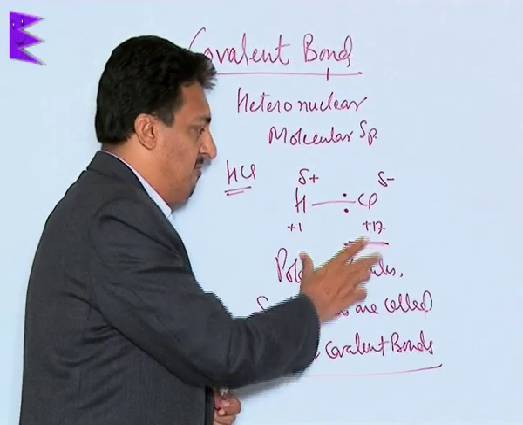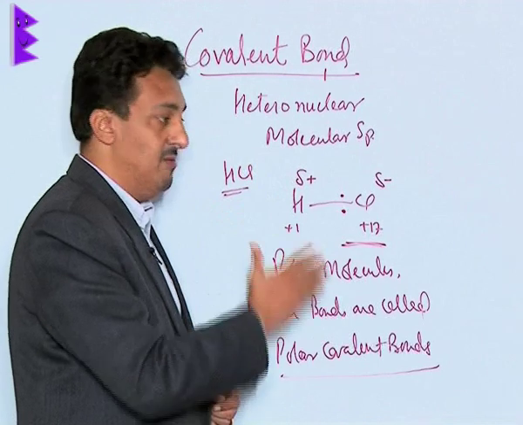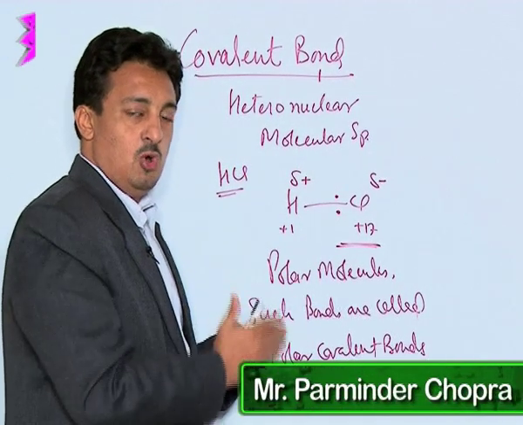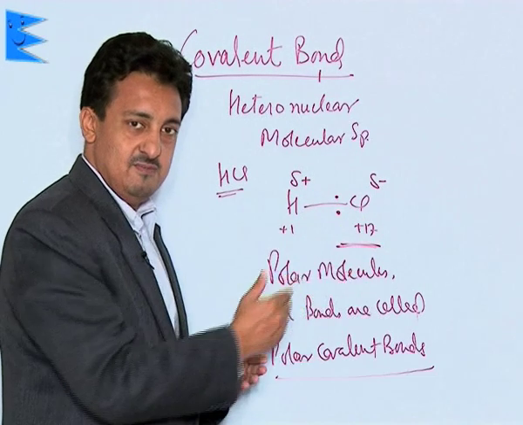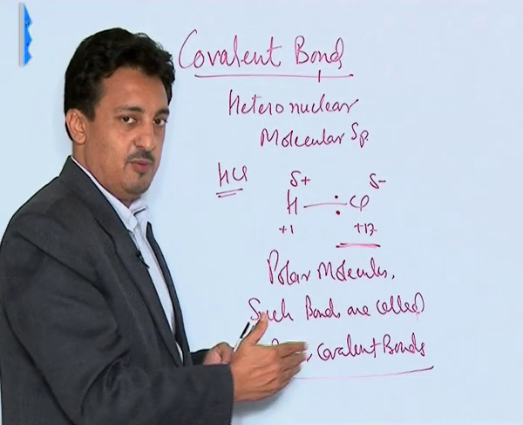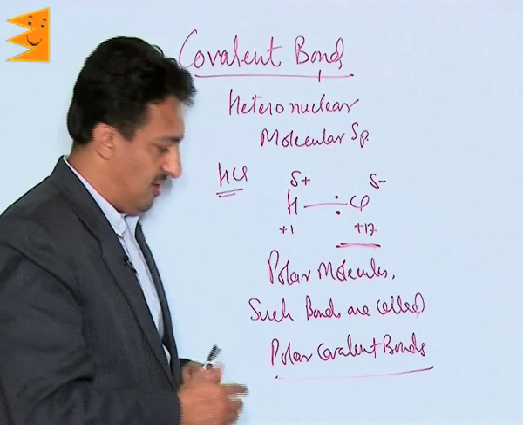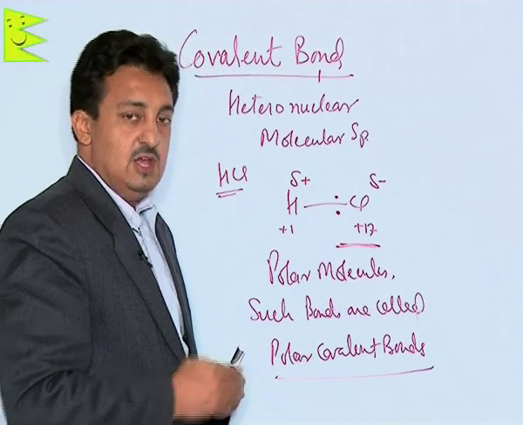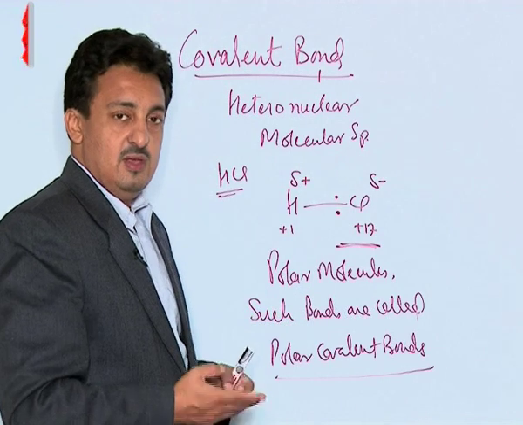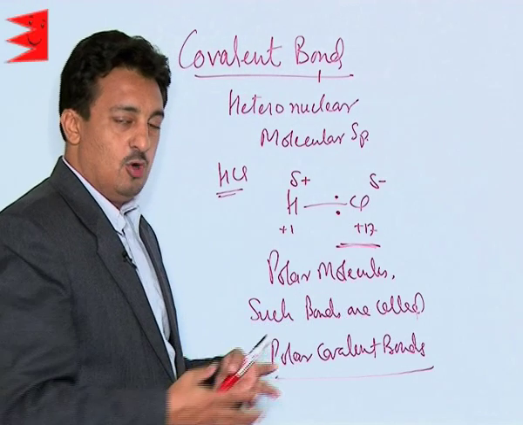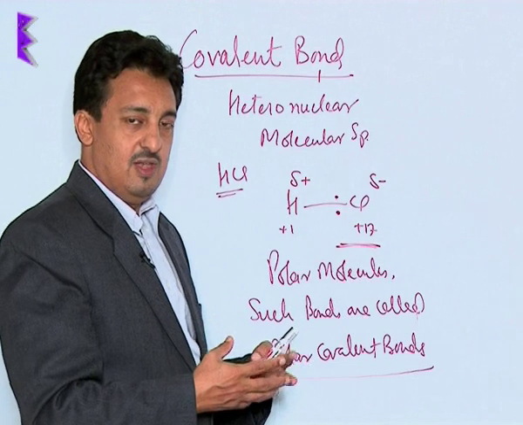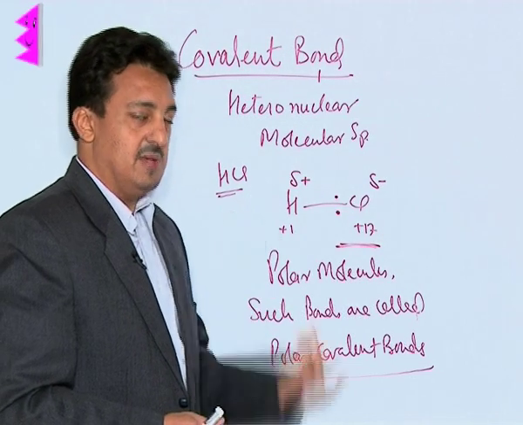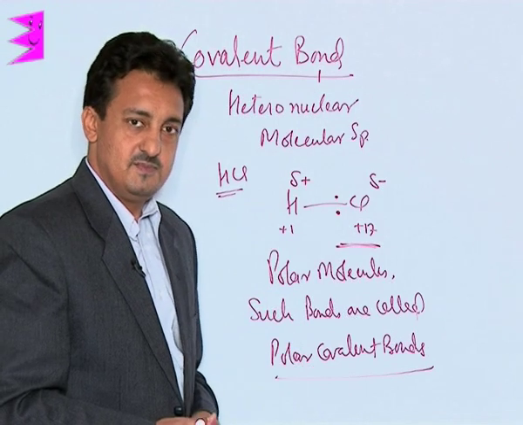So these types of bonds, in which the electron pair is not mutually shared but is more towards the more electronegative atom, or the one having a higher nuclear pull, are called polar covalent bonds. In fact, all covalent bonds other than the homonuclear ones will have some sort of polarity in them.